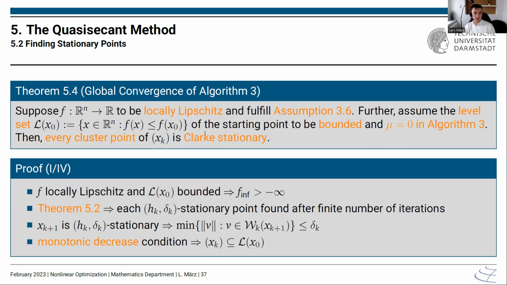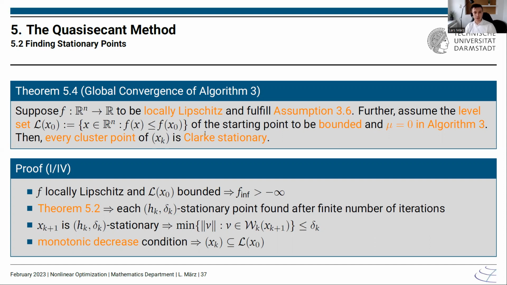By local Lipschitz continuity of f and the boundedness of the level set, we immediately see by the standard arguments of analysis that f is bounded below. Now we apply the previous theorem 5.2 to get that each of these stationary points is found after a finite number of iterations.